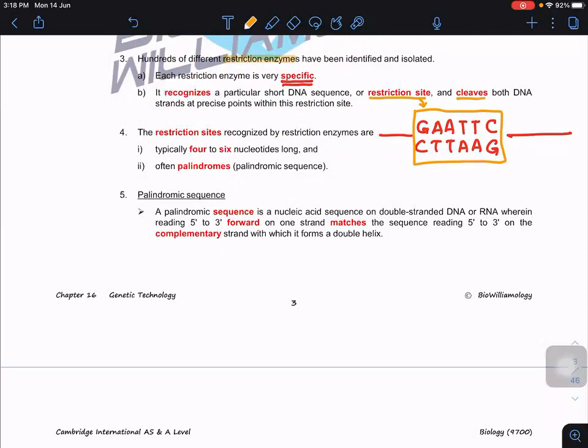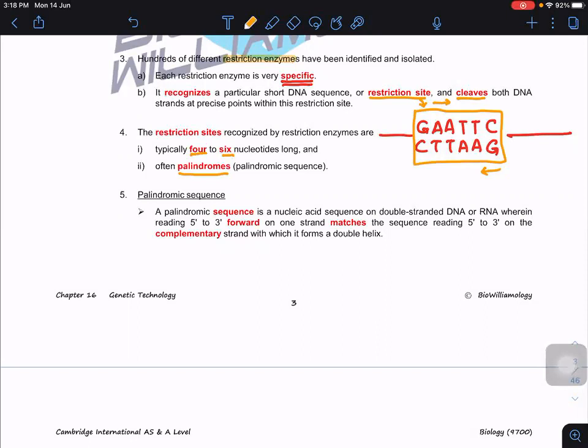So this site is known as the restriction site, normally 4 to 6 nucleotides long. In this case, you can see that they have 6 nucleotides, and most of the time they have what we call the palindrome. Palindrome basically means that when you read it in the forward direction and also the backward direction, they are the same. You realize that?